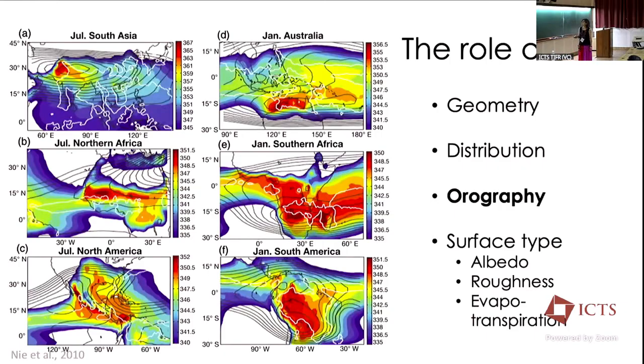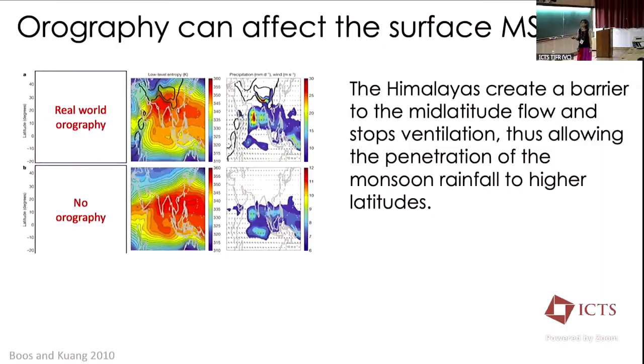What about orography? Here, the key paper is by Booth and Kwang 2010. What they did was to run a GCM with the real world orography. What I'm showing here is the low level entropy, but MSE would be the same.